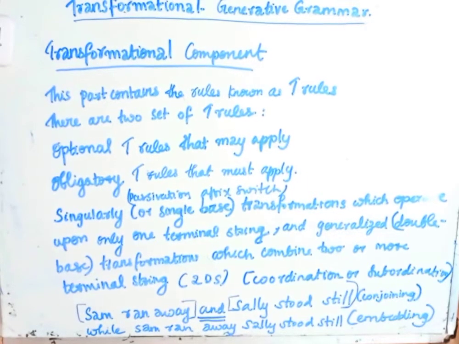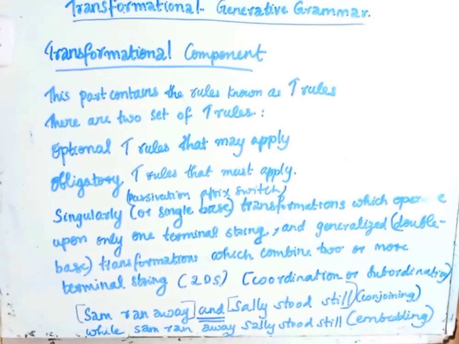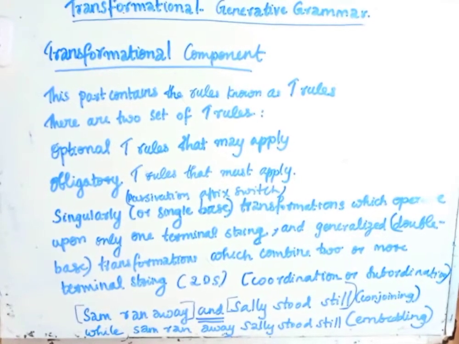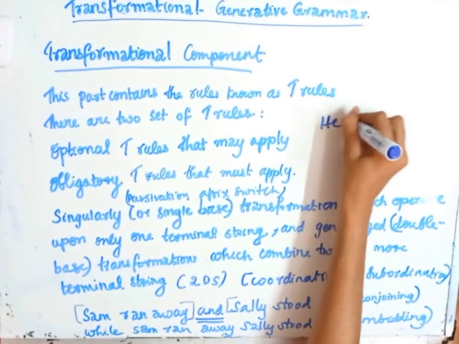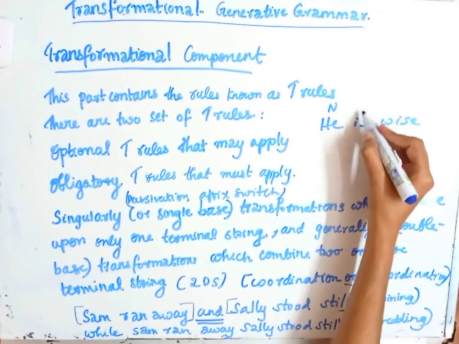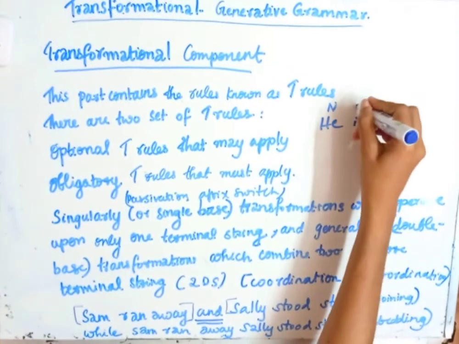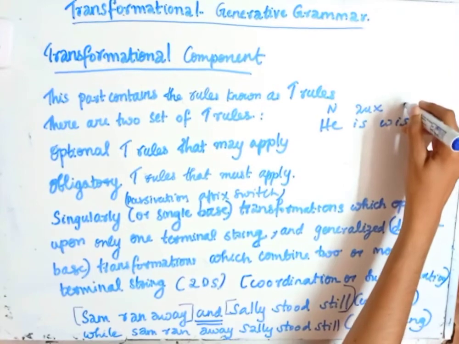For example, just take the sentence, he is wise, and transform it into a question. So if you want to transform it into a question, he is wise, you have the noun here, then you have the auxiliary, and then you have another noun here, right?